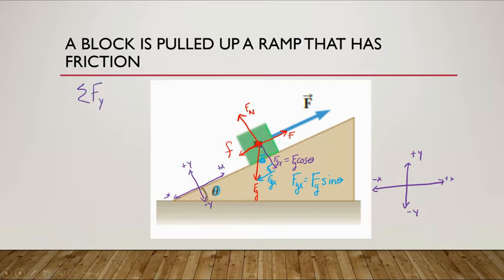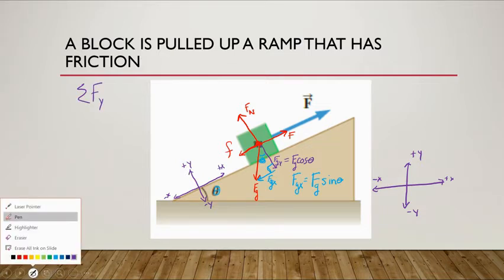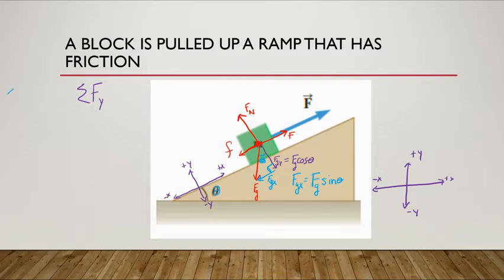Okay. And when I look at those forces, let's say, for example, that our box is not accelerating. So it can be sliding at constant velocity, or it could be not moving. So the sum of my forces in x is equal to 0, and the sum of my forces in y equals 0. So what are my forces in x? Well, my x is here and here.